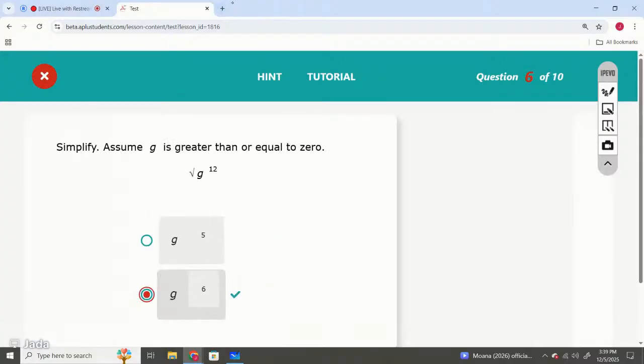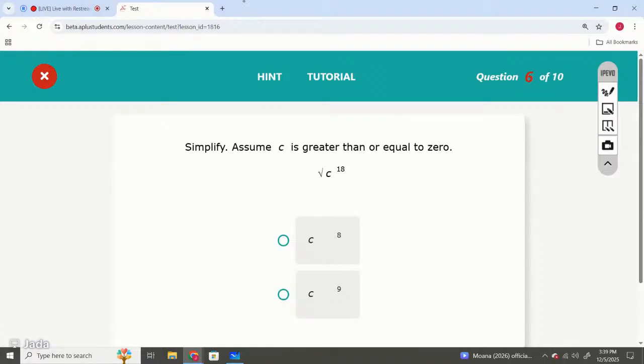Option number 2 is the correct option. Square root c exponent 18.